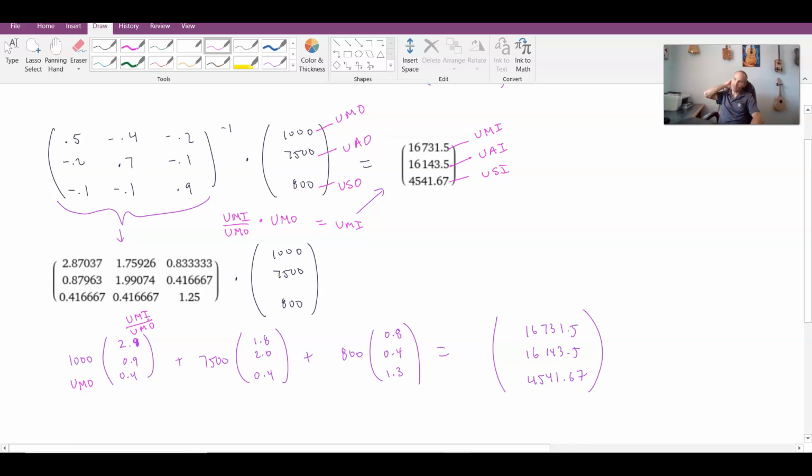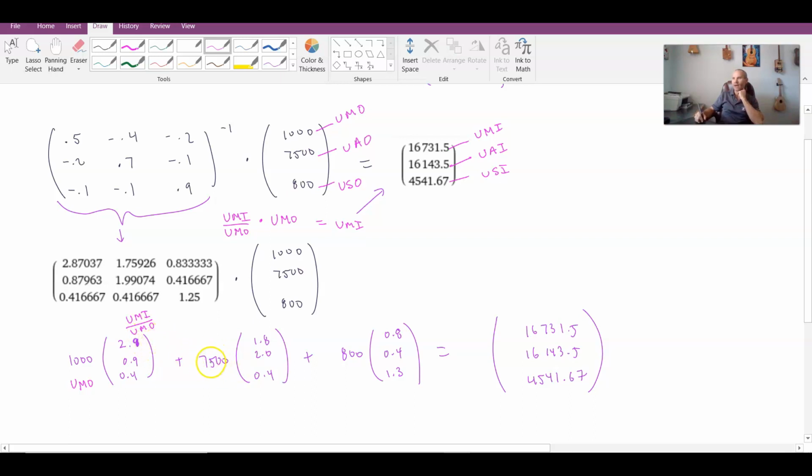Well, the only way that could be is because we were taking into account how all of these other two industries feed into one another. That means that in order to output 1 solid unit, I'm going to need 2.8 units of manufacturing input.